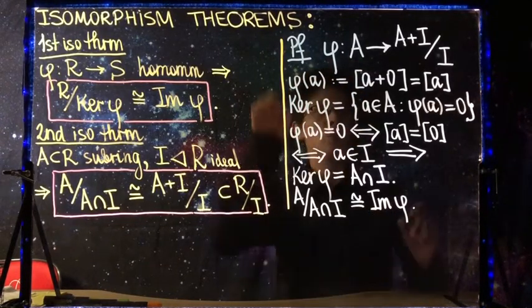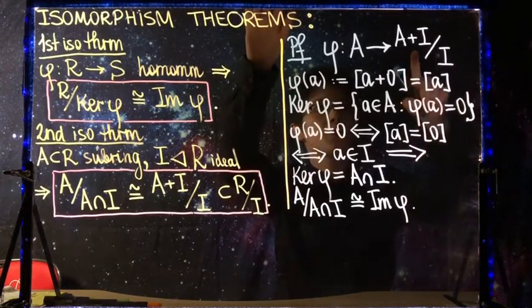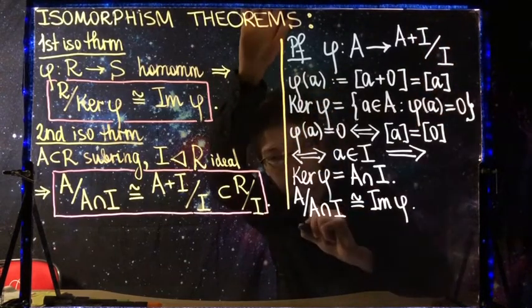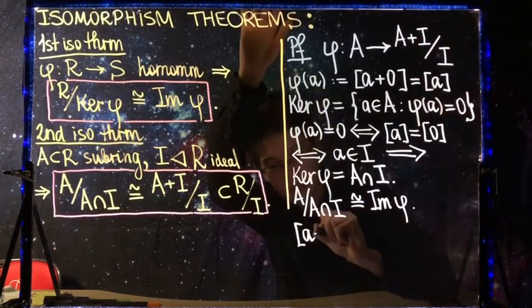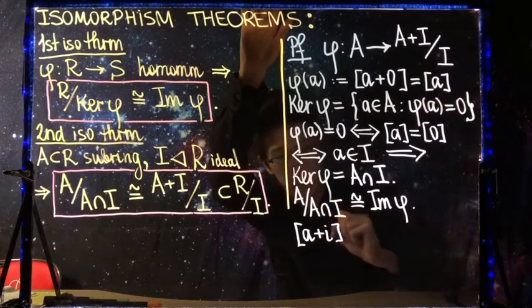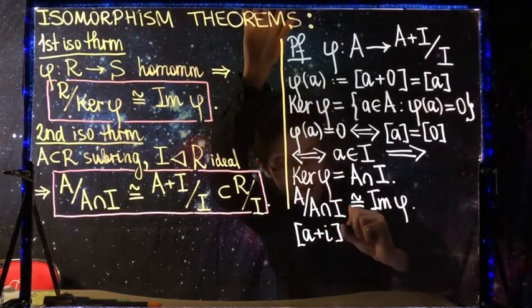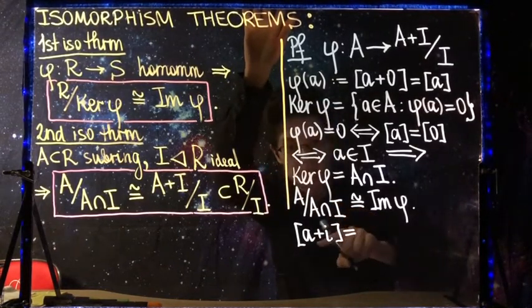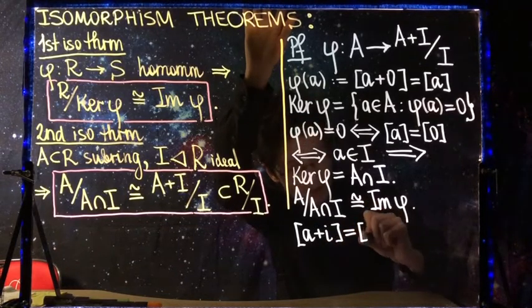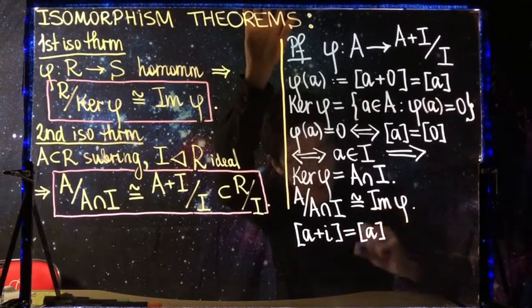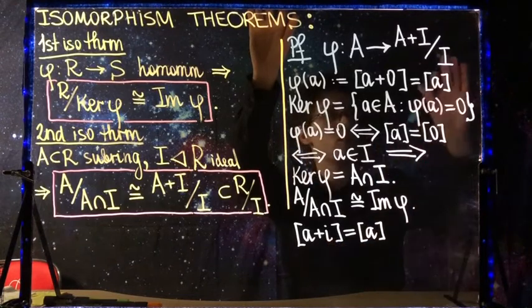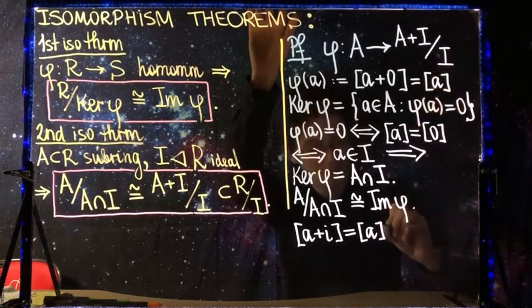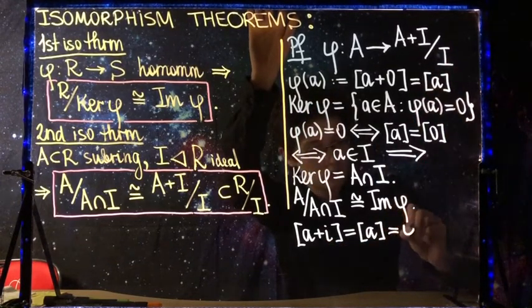And we just note for the last part that the image of phi is the whole ring, because every element a plus i represents the same equivalence class as an element a, because we are modding out by I. And this is in the image.